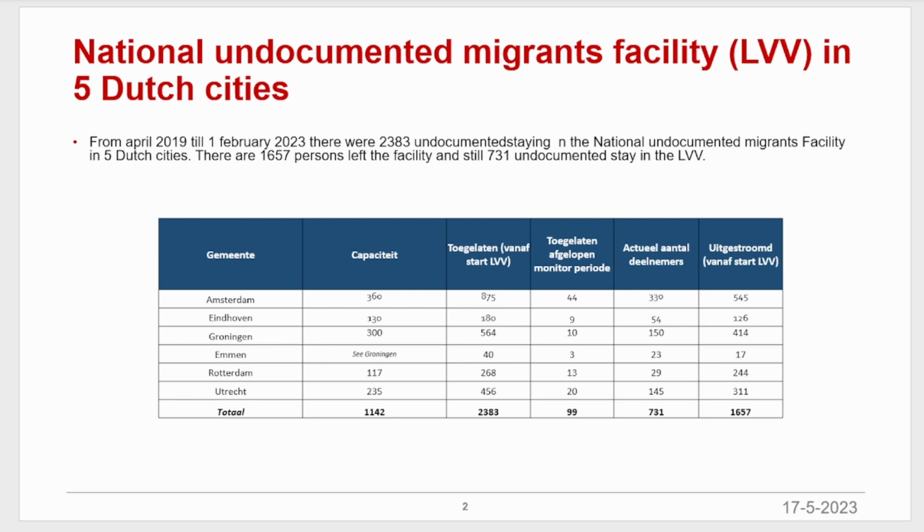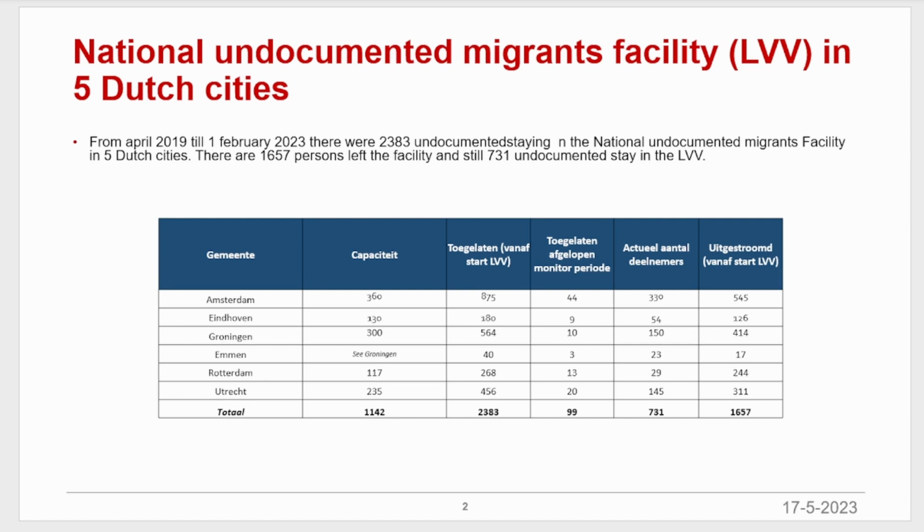That's 100% sure. In total, the whole program has 1,142 places, and almost 2,400 people have been in this facility, because people get out when they get a residence permit or voluntarily return to their home country, because that's the aim of the program.